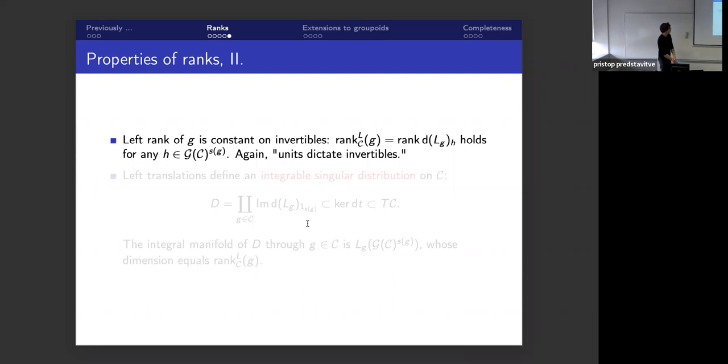Okay, so we just choose the identity because it's the distinguished element, right? And this is in accord with the mentality that has been put forward the previous time, that the units dictate what happens with invertibles in a Lie category.